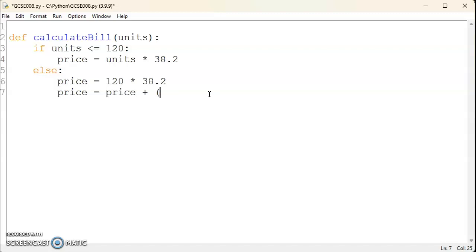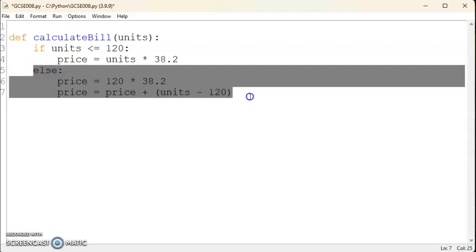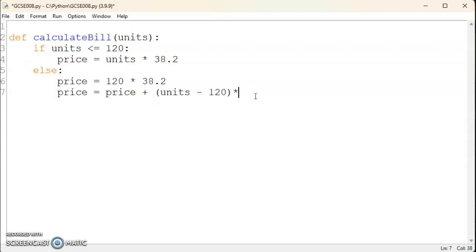In order to work that out, we're going to take the number of units used, subtract 120, because we know that this number is more than 120 because we've entered the else block. And we're going to take that and multiply it by the other amount of money, which is 36.1 pence. This means that the construction of the price falls into two parts. We first of all charge 38.2 pence for the first 120 units, and then we add on the extra amount.